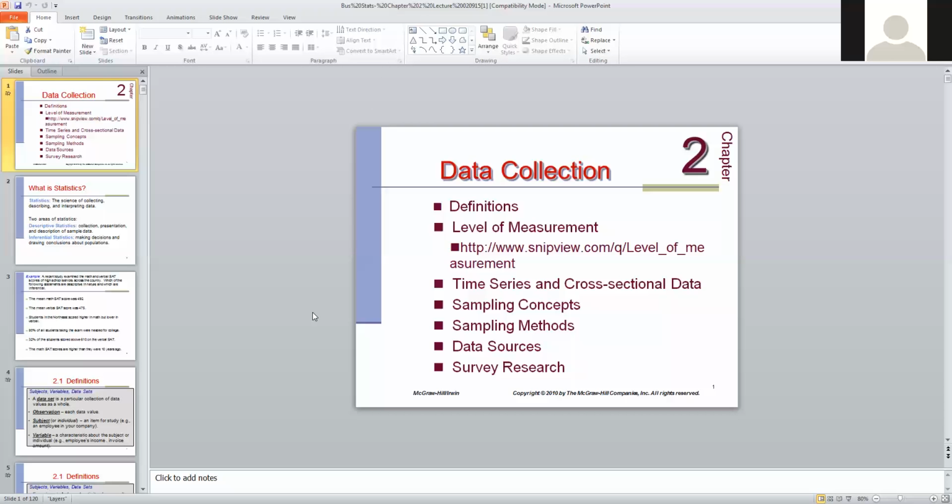Okay, so let's take a look at what's in Chapter 2. Chapter 2 is called Data Collection. So part of what we're going to talk about is what we mean by data, in something called levels of measurement. And then we're going to look at designing a survey, sampling methodologies, and then collecting and analyzing data.